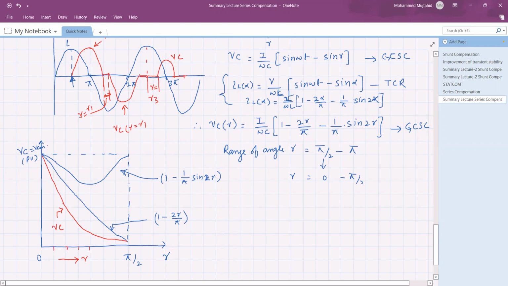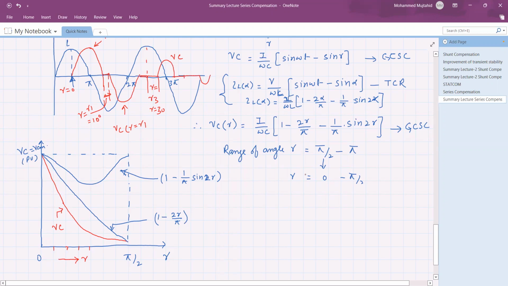See here gamma is equal to 0, gamma is equal to say 10 degrees, here gamma is equal to say 30 degrees, and so on. And again, if we increase it, gamma is equal to say 40 degrees, the voltage goes on decreasing. By this way, this shows the relation of gamma versus voltage across the capacitor.